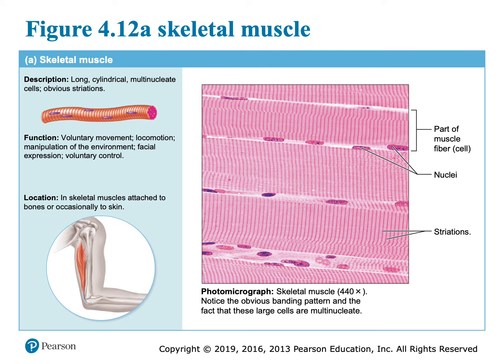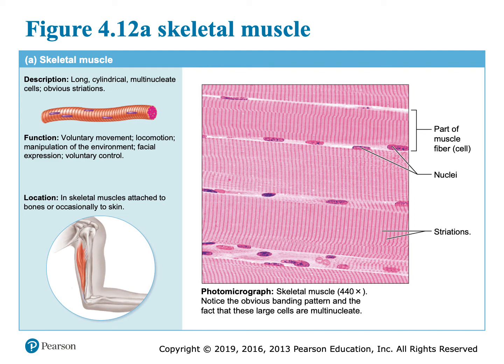So skeletal muscle, it has these stripes. Isn't it cool? Another crazy thing about a skeletal muscle, its cell runs from wherever it originates on a bone all the way to where it inserts on another bone. Each cell is that long. And because it's that long, it needs a lot of nuclei.